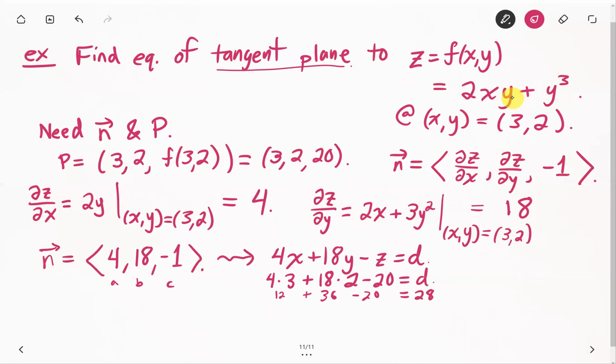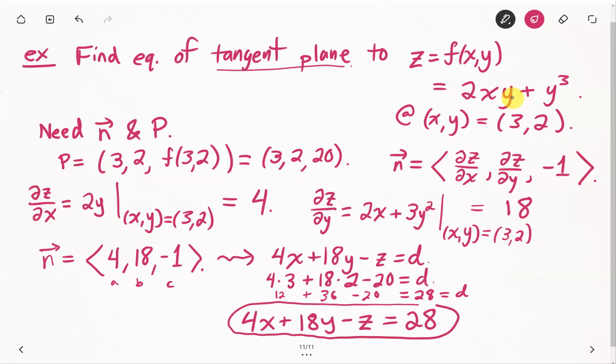So I can now write down the equation of the tangent plane, since I now know what d is equal to. The equation is 4x plus 18y minus z equals 28. And there you have it. That's how you calculate the equation of a tangent plane to a function.